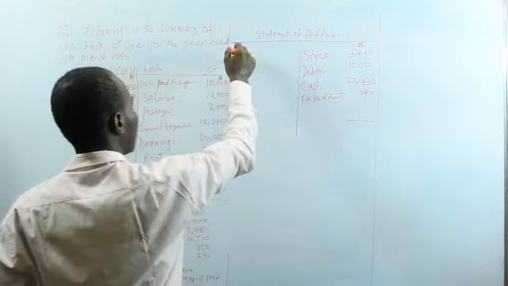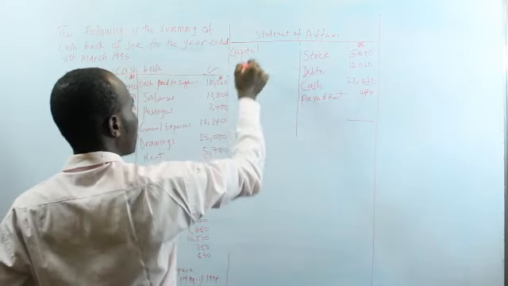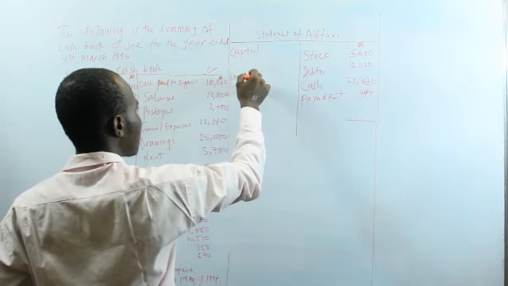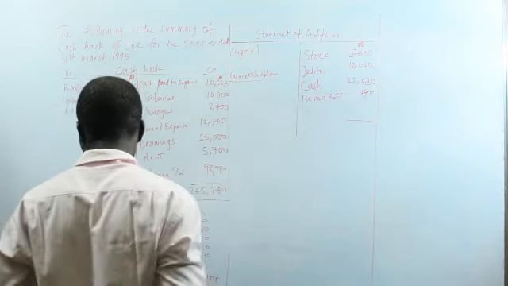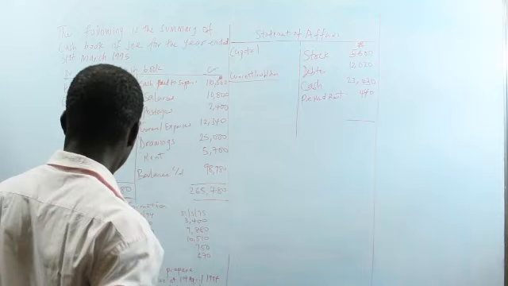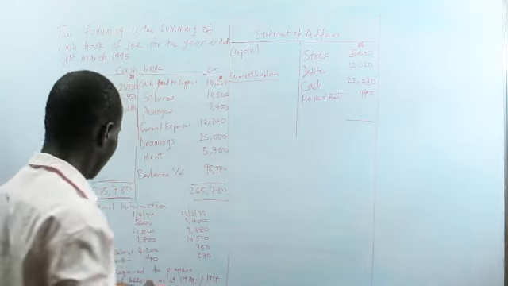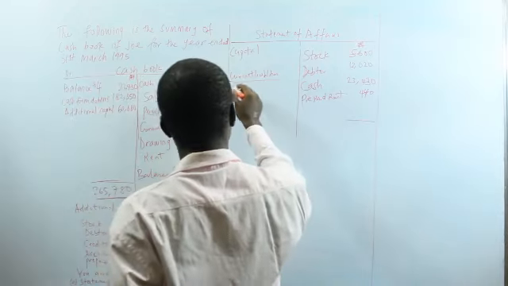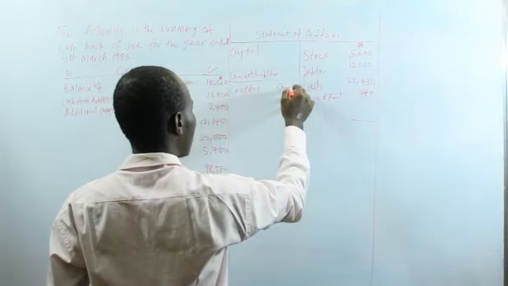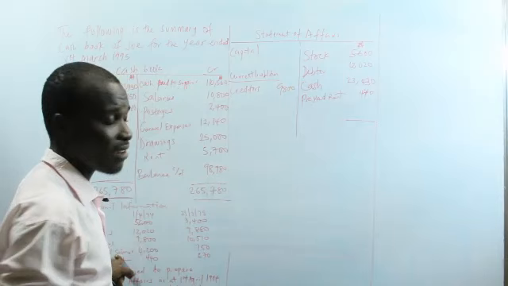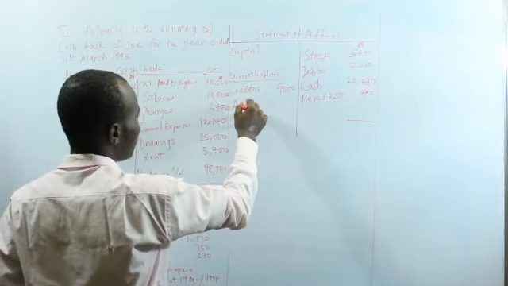Now the current liabilities. We have creditors at first, which is 9,800. Accrued salaries is also a liability.